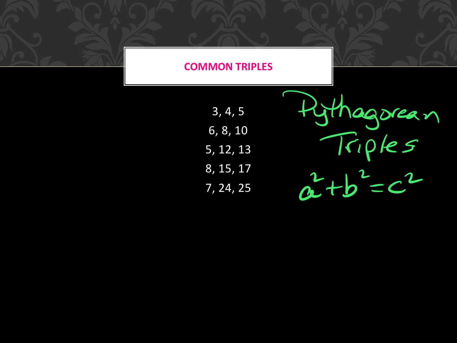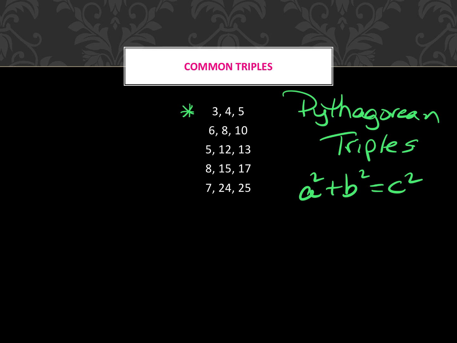Now, I am not going to make you memorize these common triples, but just be aware of them because especially this first one shows up on the SAT and PSAT, lots of standardized tests, a lot.